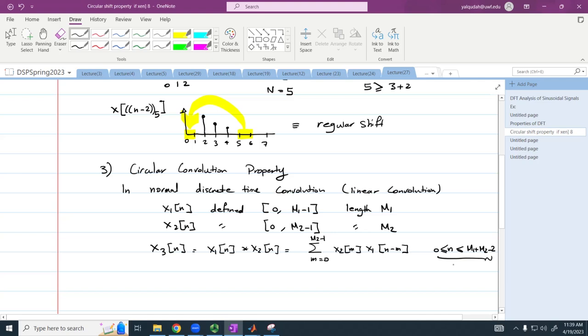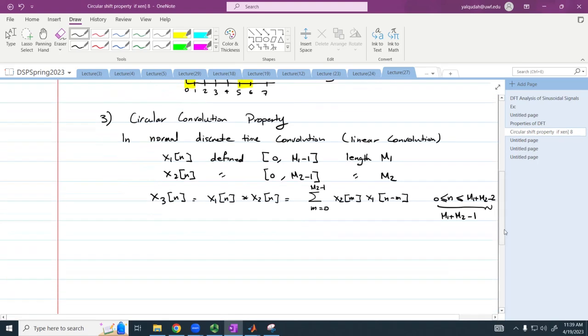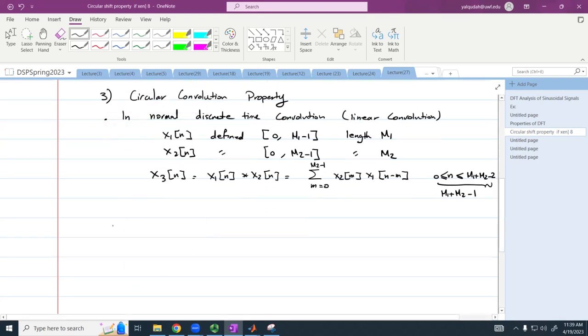So the overall length is going to be M1 plus M2 minus 1. Okay, so this is the linear convolution, and I think we've probably done an example at the beginning of the course on that, and we'll do another example in a minute.